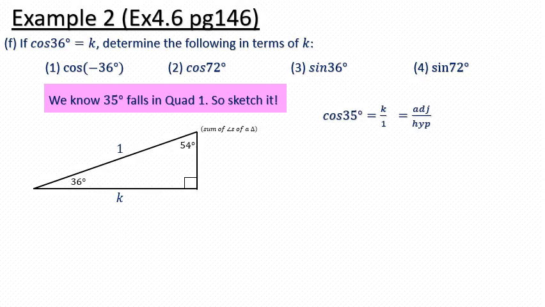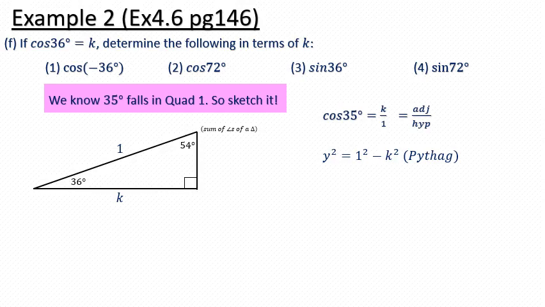We have 2 sides of the triangle, so we've got to use Pythagoras to solve the third side. Because the third side of this triangle is a vertical line, I use the variable y to represent a vertical distance. Y squared equals 1 squared minus k squared.